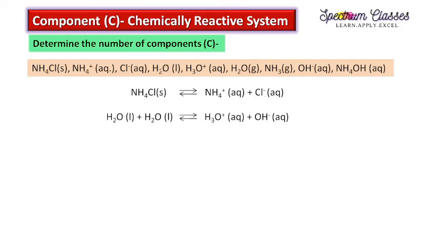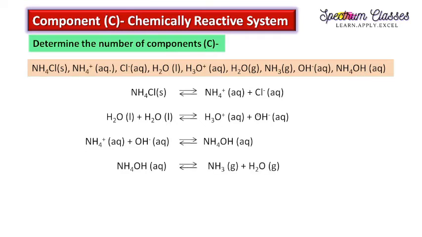The second equilibrium I have written is H2O liquid forming H3O plus aqueous plus OH minus. The NH4 plus produced in the first equilibrium reacts with the OH minus produced in the second equilibrium and forms NH4OH, which is given as one of the species here.